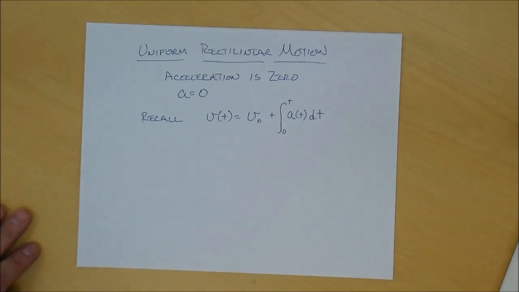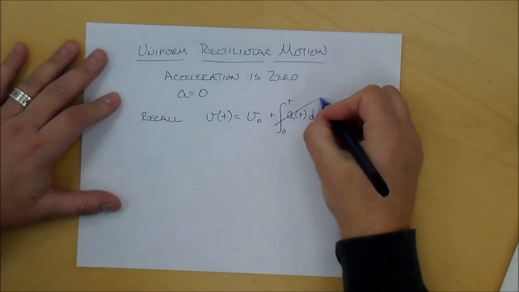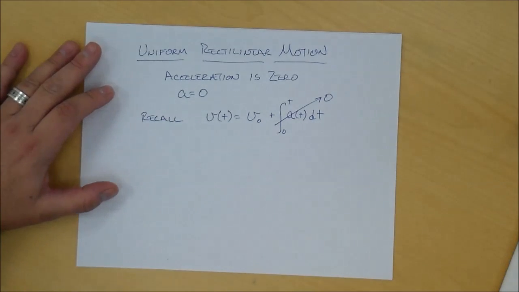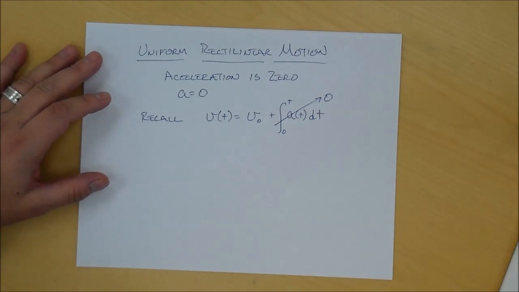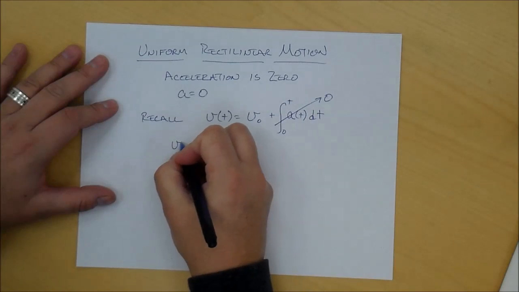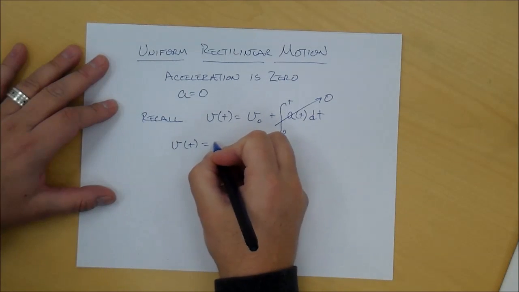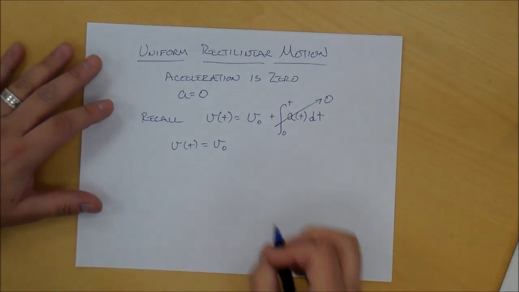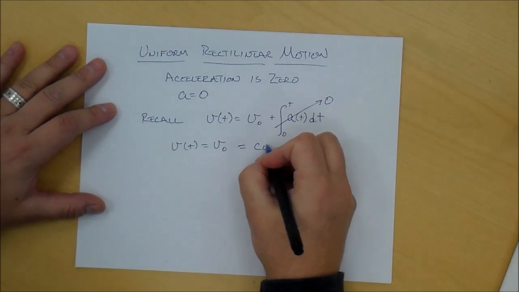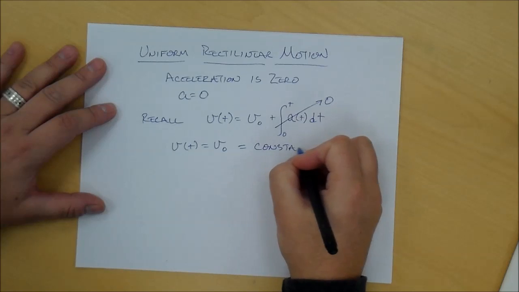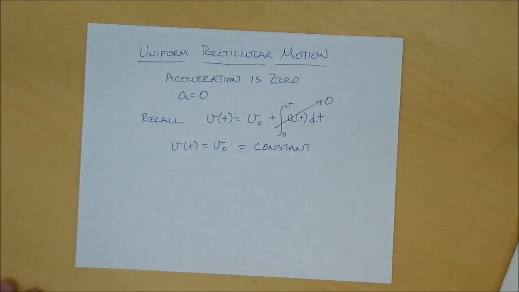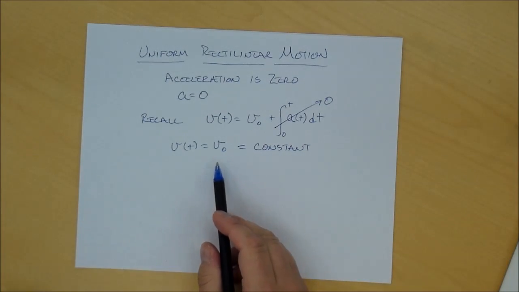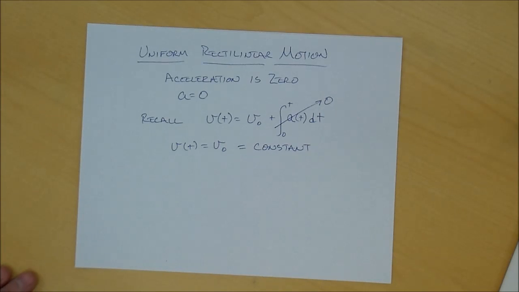Well, in this case, the acceleration is equal to 0, so the entire integral is equal to 0, and we're left with the conclusion that the velocity is equal to v naught for all time. So in other words, the velocity for all time is going to be equal to a constant. And that constant will be the velocity it was initially when it started. So the velocity won't change. That makes sense. If the acceleration is 0, the velocity won't change.